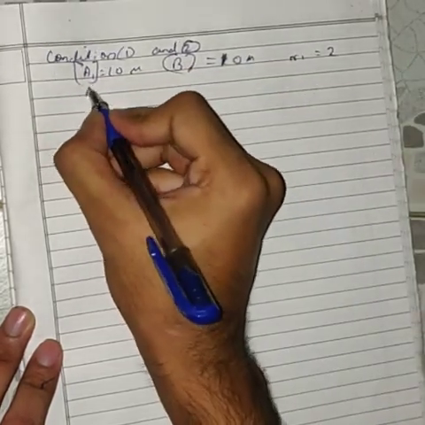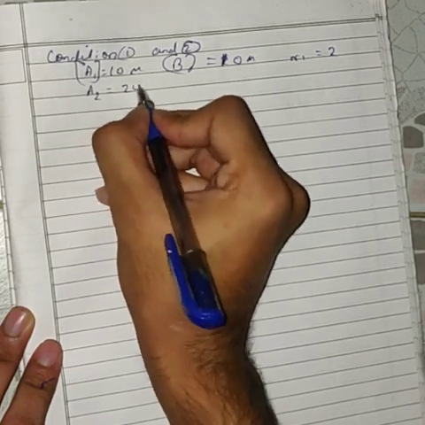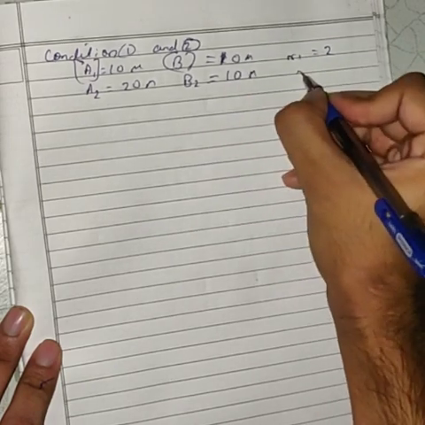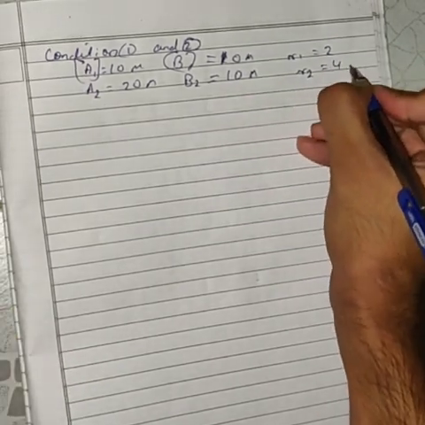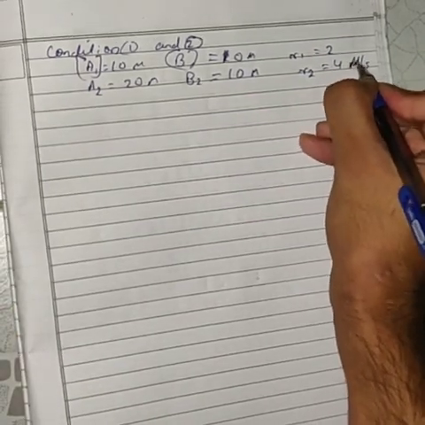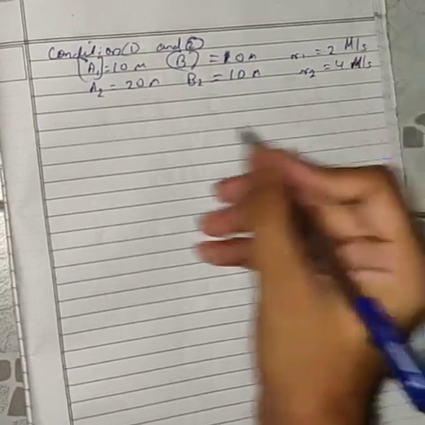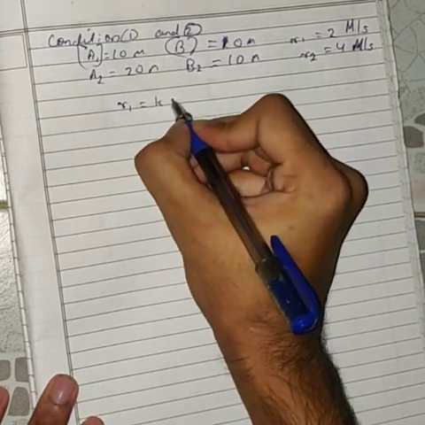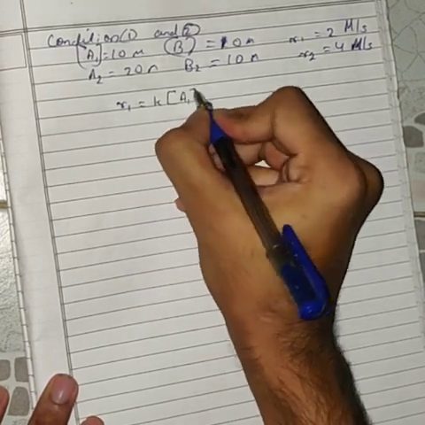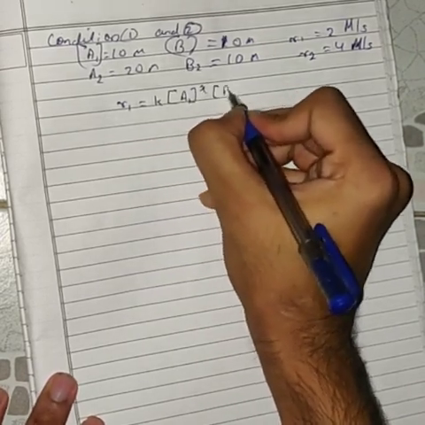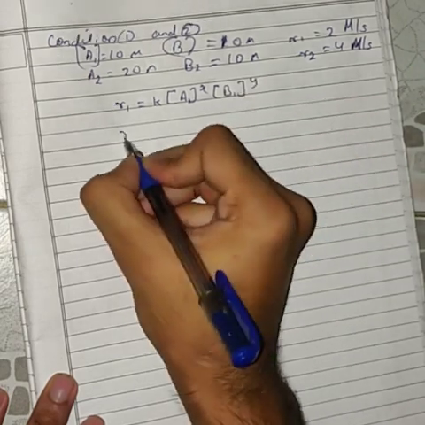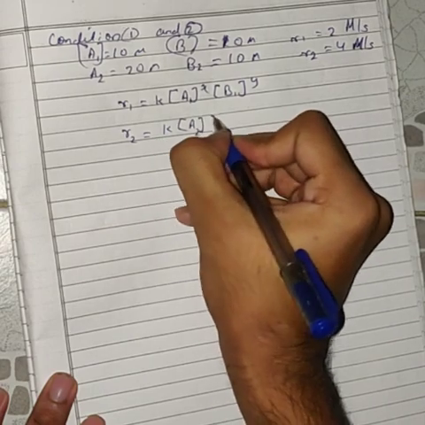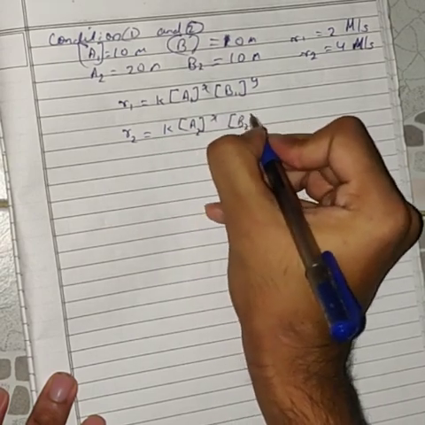Similarly, condition 2 was A2 is 20 moles, B2 remains as 10 moles, and R2 then was found to be 4 moles per second. Right, I use this condition, write the equation. What is R1? R1 will be equal to k a1 raised to x and b1 raised to y, and R2 will be k a2 raised to x and b2 raised to y.